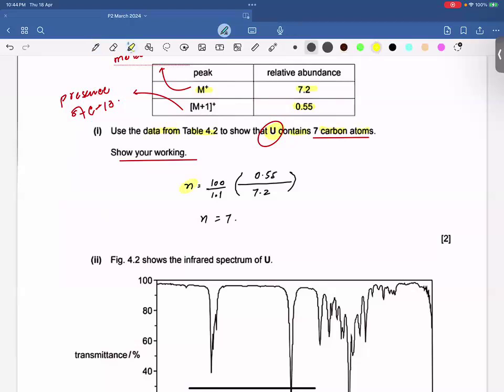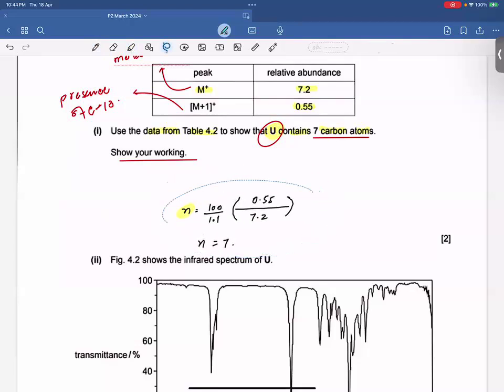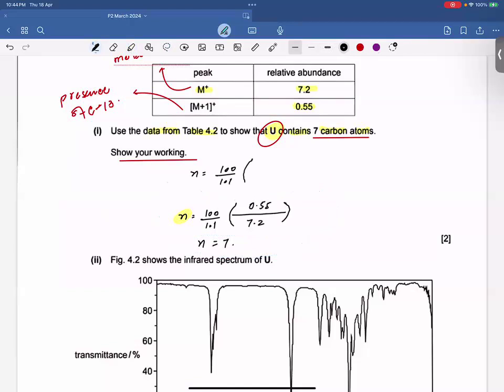So what we can do is first write the formula. What was the formula, by the way? n equals 100 over 1.1 times the abundance of M plus 1 peak over the abundance of molecular ion peak. This is the M plus 1 peak. This is the molecular ion peak.